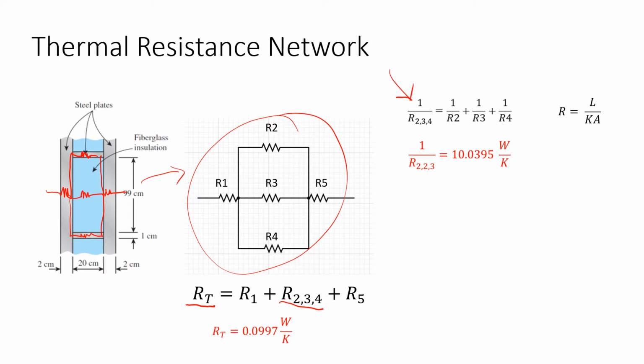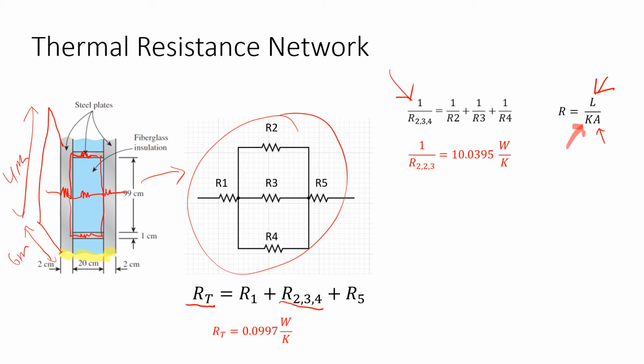And to find R itself, the thickness is L, which is these distances right here. Then we find the thermal conductivity, which is given to us. And then also this is our surface area, which is this spot over here, given to us as 6 meters, and this is 4.